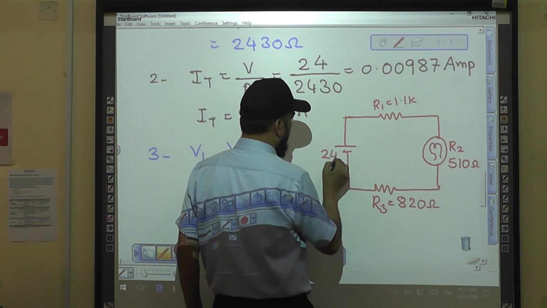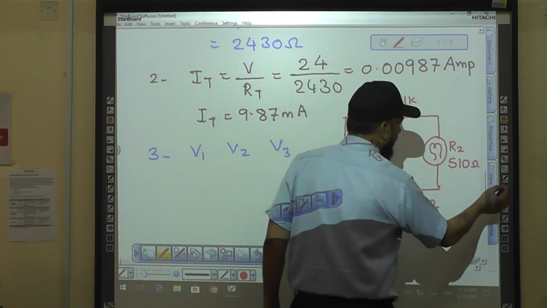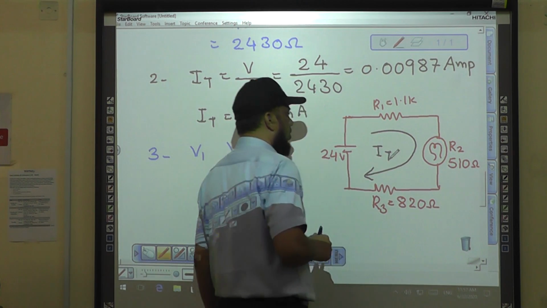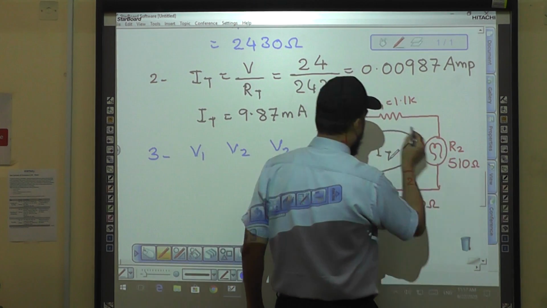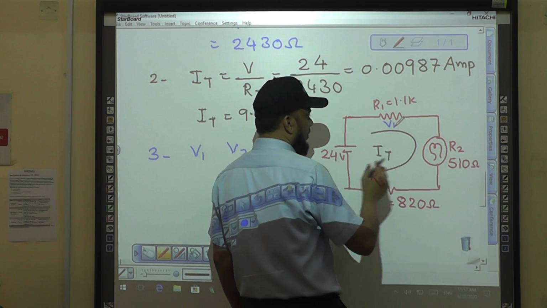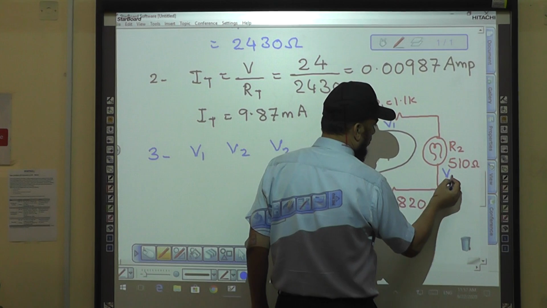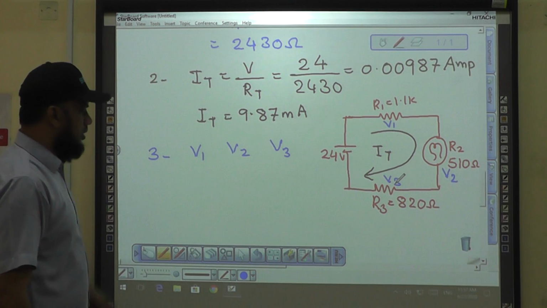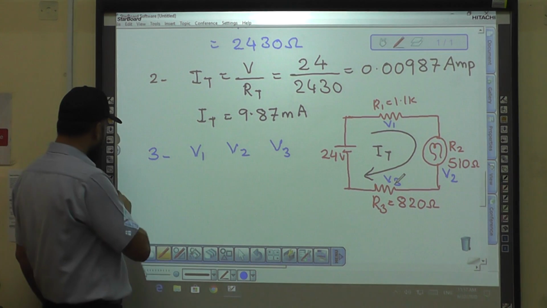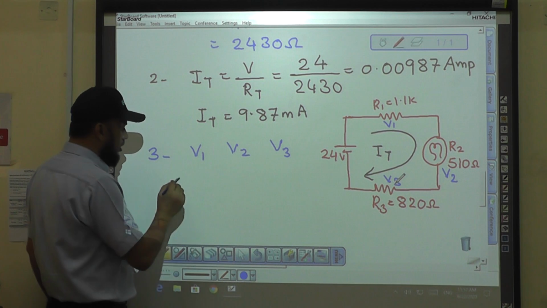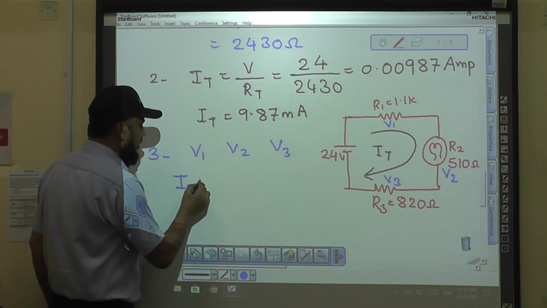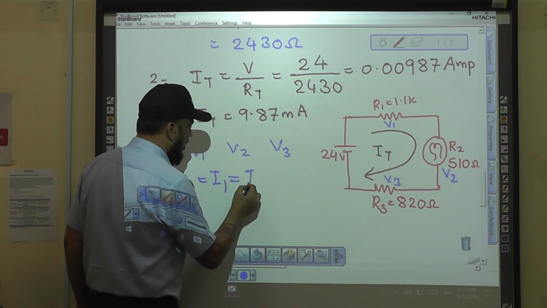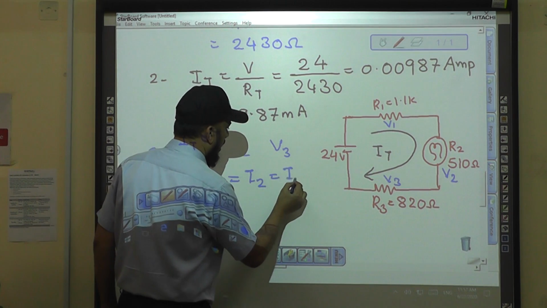Now 24 volt here, and the total current I total. We have to calculate V1, the voltage drop at R1, V2, the voltage drop at R2, and V3, the voltage drop at R3. As I told you, in the series circuit, all the currents will be equal to I total, so I total equals I1, I2 and I3.